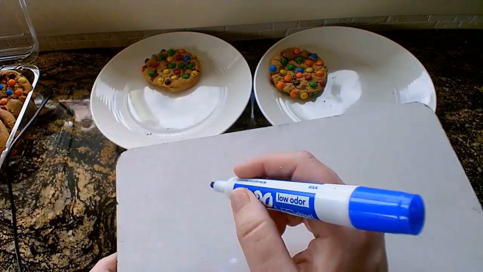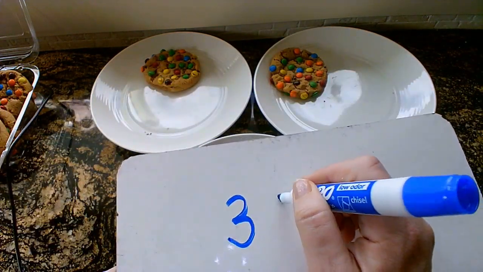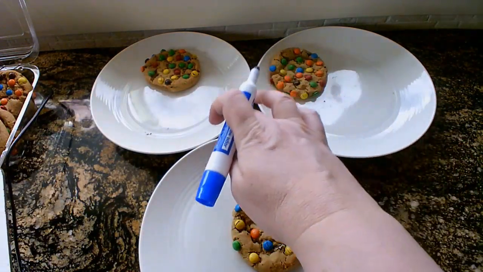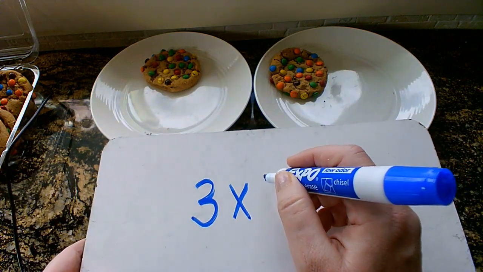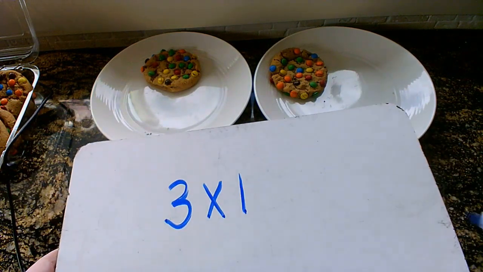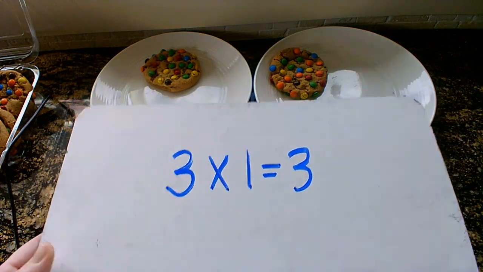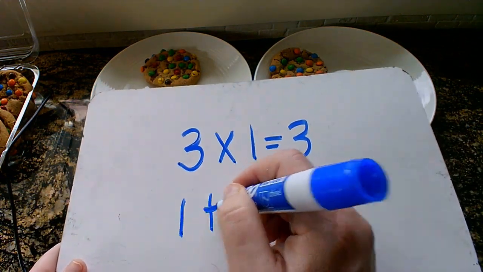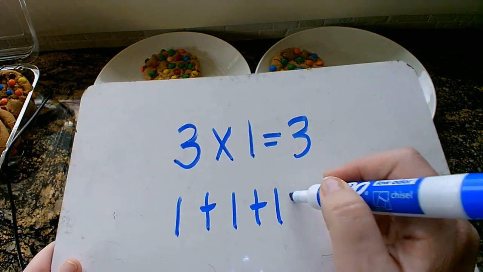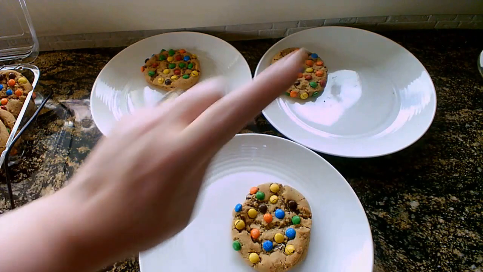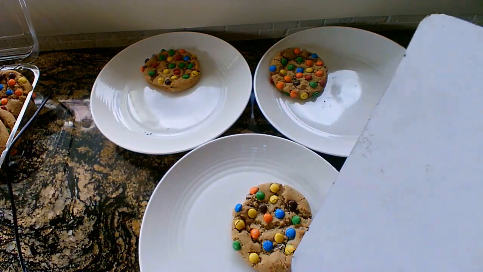The plates are my groups, and the second factor tells me how many is in each group, and that is 1 cookie in each group, and that equals a total of 3 cookies. The repeated addition would be this: 1 plus 1 plus 1 equals 3.